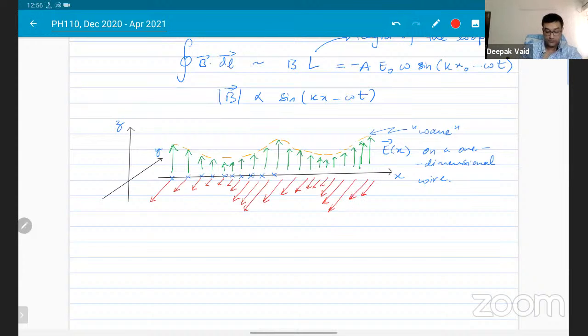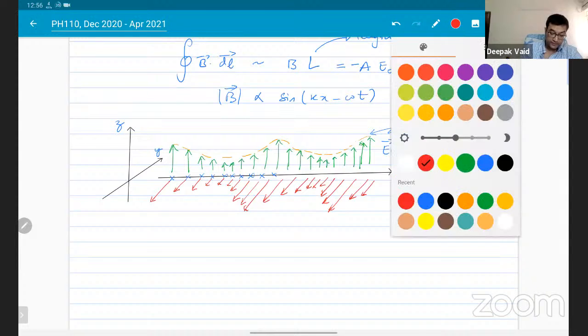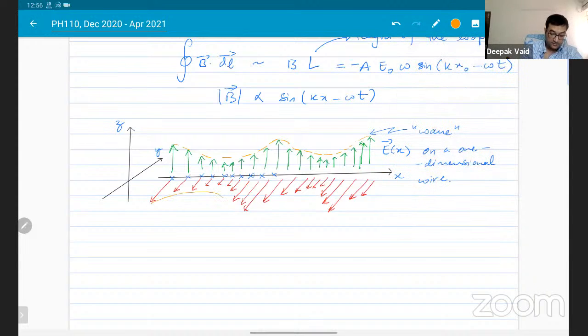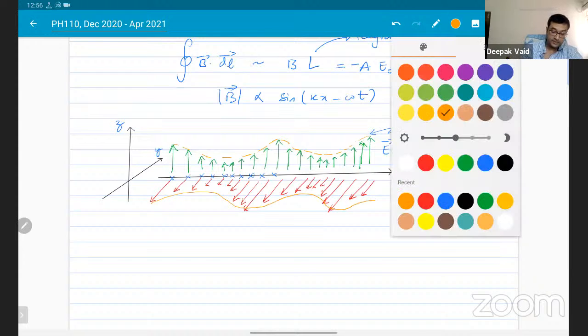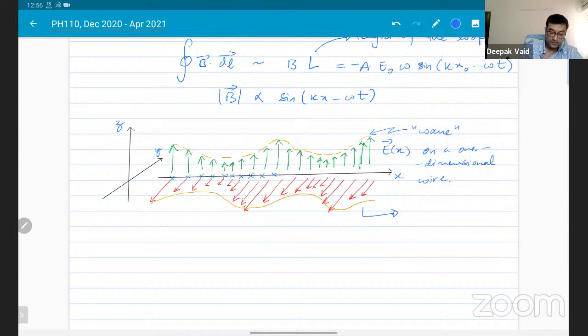Like this. So this is my magnetic field. And this is what an electromagnetic wave looks like. This is a magnetic wave. And this whole thing is an electromagnetic wave.